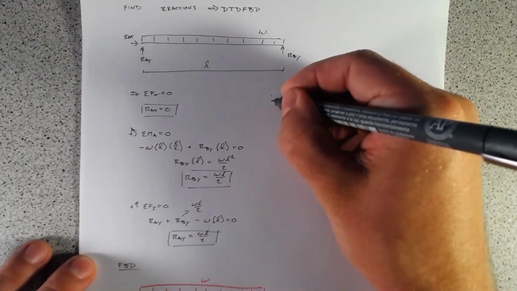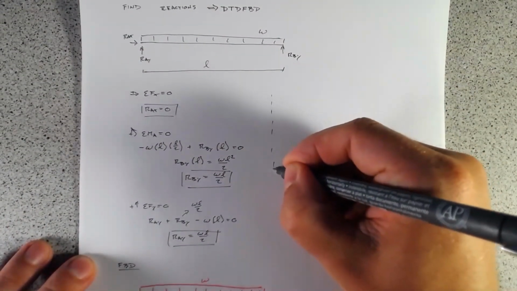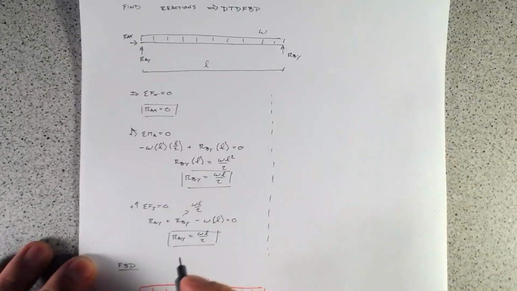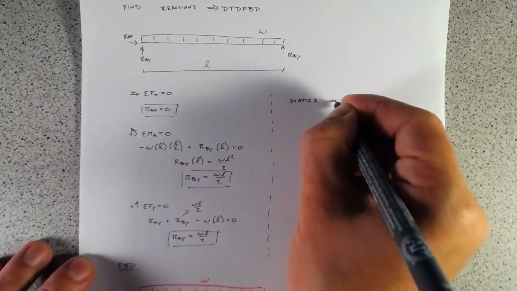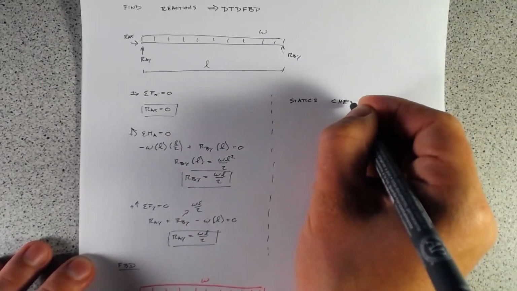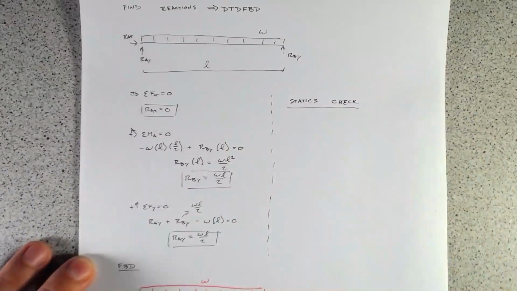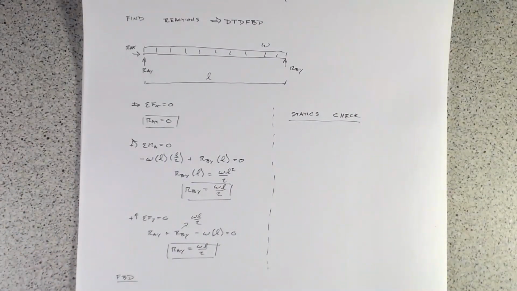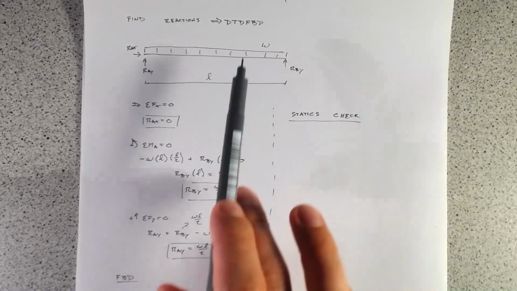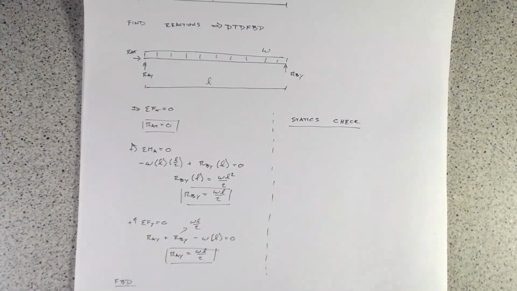And so by a statics check, we'll do it over here on the right-hand side. Statics check. So all we're going to do with a statics check is sum the moments about a point which we haven't done already. So it could be out here, anywhere, it doesn't really matter.